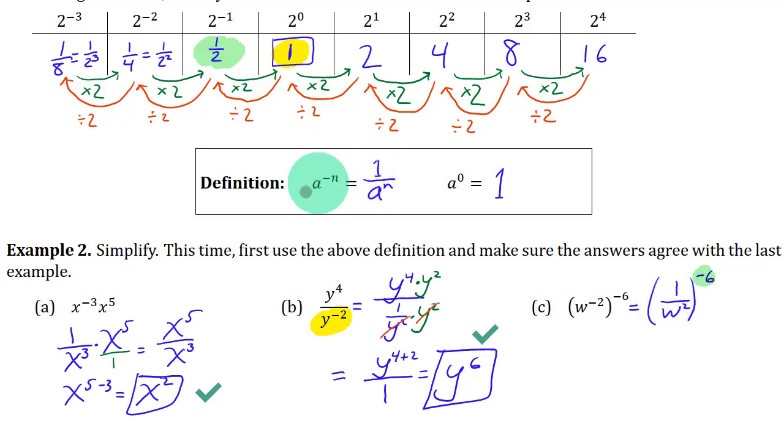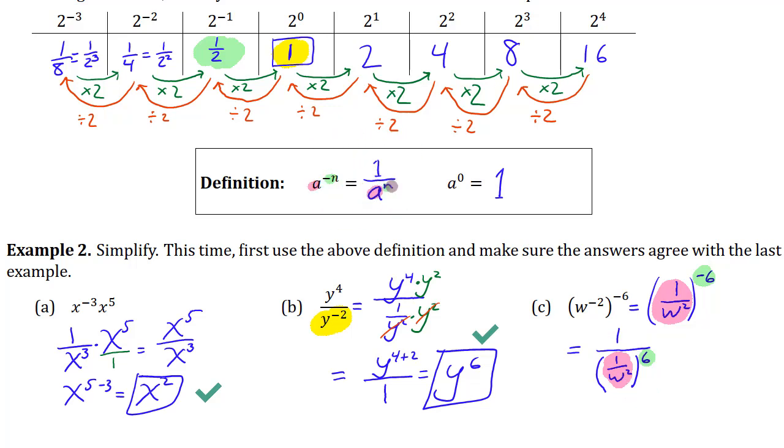It's just instead of a, we now have this whole thing to the power negative 6. And so this is going to turn into 1 over that a to the power positive 6. That's what this rule says to do.